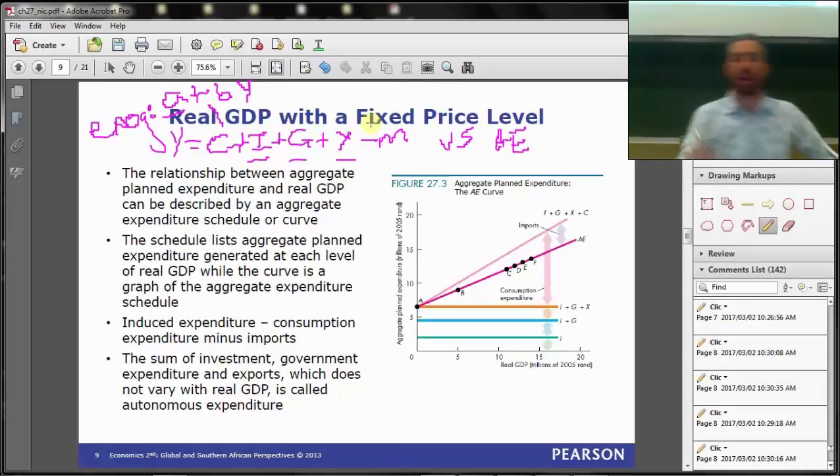So if we want to understand the relationship between real GDP and aggregate planned expenditure, if I just plotted I against aggregate planned expenditure, are you happy that the relationship must be a horizontal curve? There's no relationship between aggregate expenditure and real GDP. It's exogenous. Is everyone happy with that?